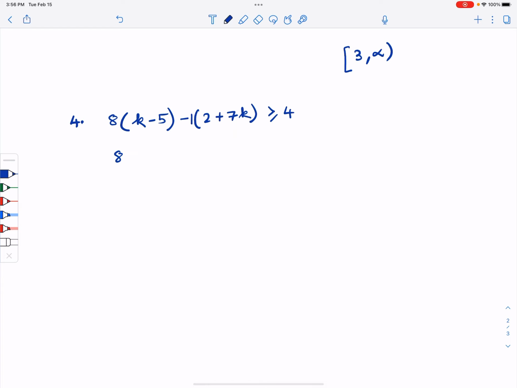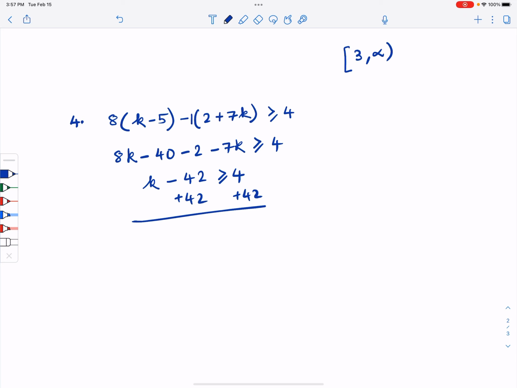That gives us 8k minus 40, negative 2, negative 7k, greater than or equal to 4. Let's combine like terms now. 8k and 7k make k, and negative 40 and 2 makes negative 42. Now let's push the 42 over to the right-hand side by adding 42 to both sides. So I get k is greater than or equal to 46.